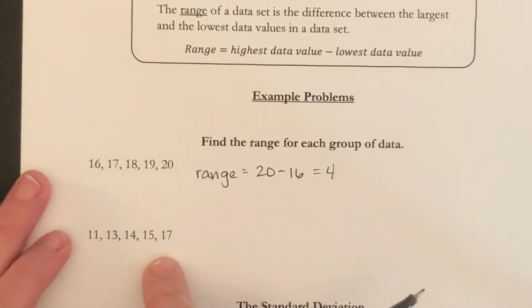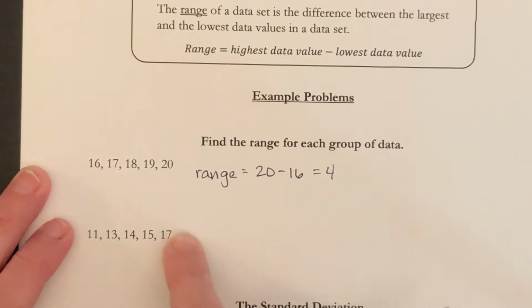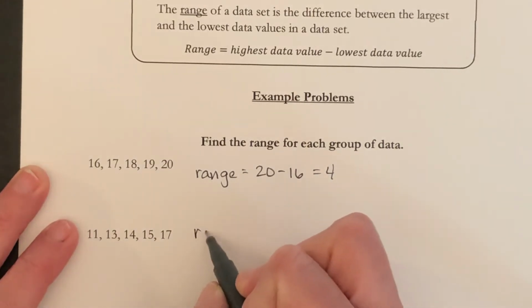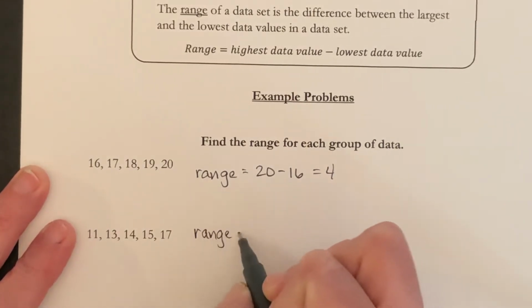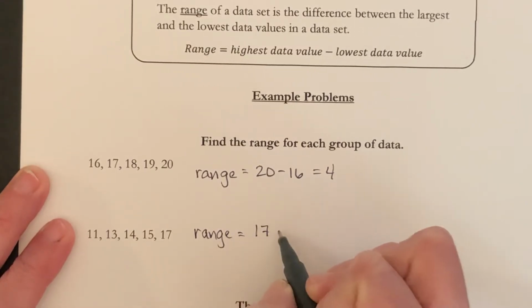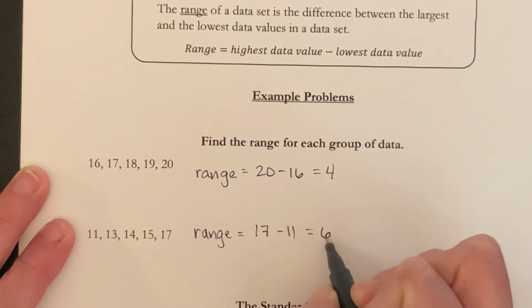For this one, your smallest is 11, your largest is 17, so the range is equal to 17 minus 11, which is 6.